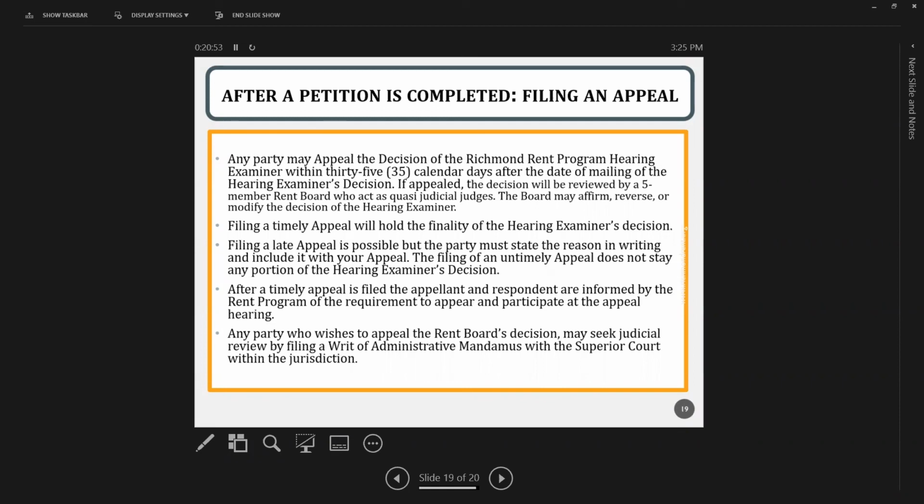After a timely appeal is filed, the appellant and respondent are informed by the program of the requirements to appear and participate in the appeal hearing. Any party who wishes to appeal the rent board's decision may seek judicial review by filing a writ of administrative mandamus with the Superior Court within the jurisdiction.